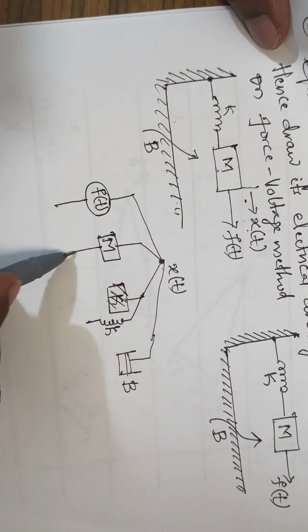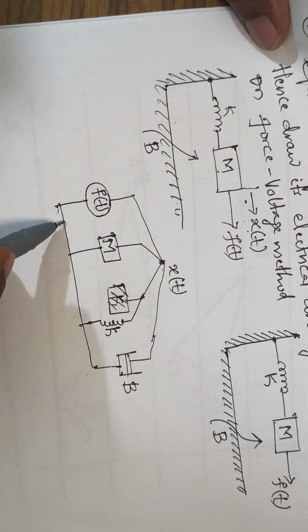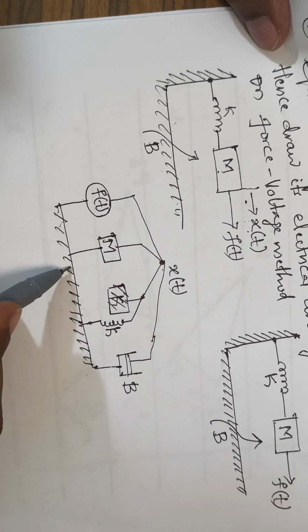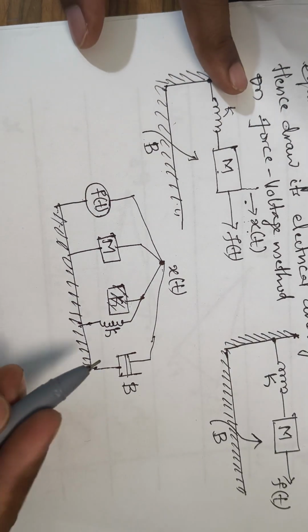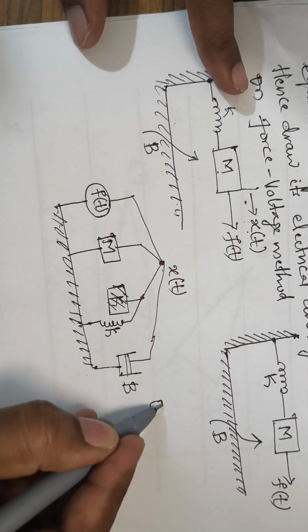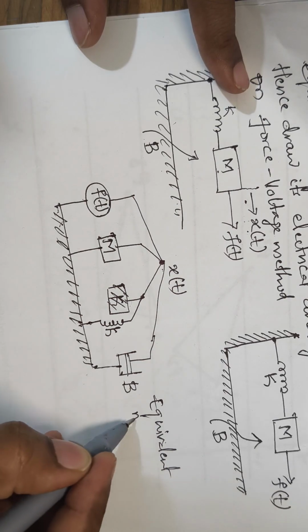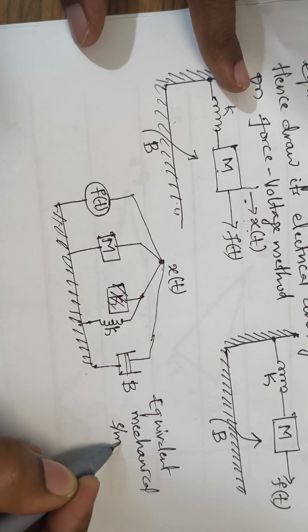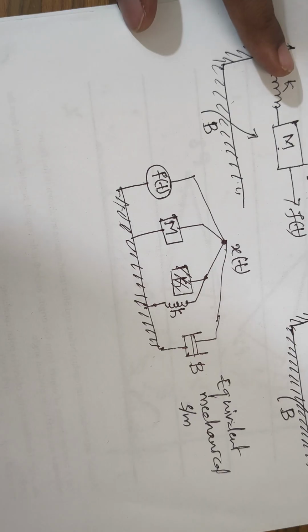These all are under the influence of the node x of t only, and these all are with respect to the fixed support. So this is the equivalent mechanical system.